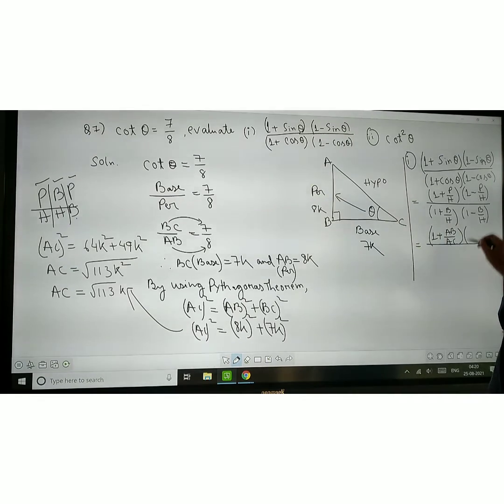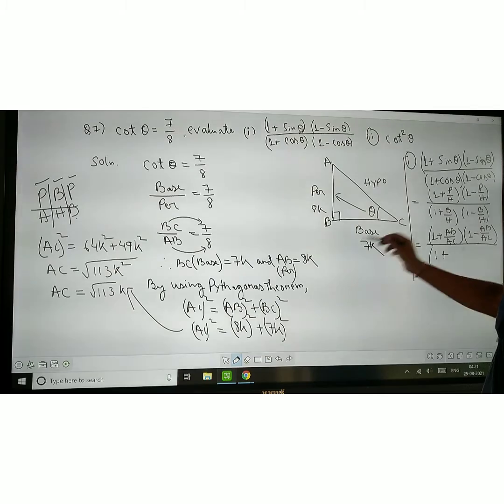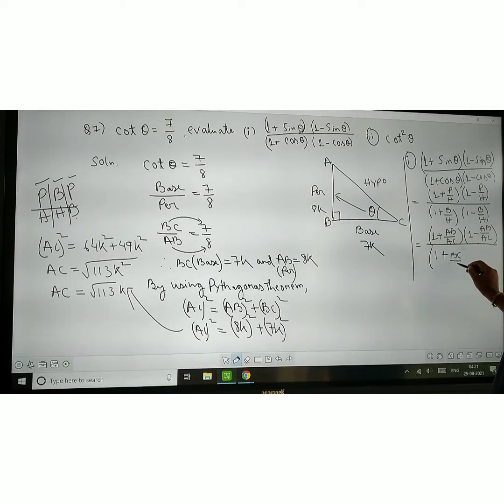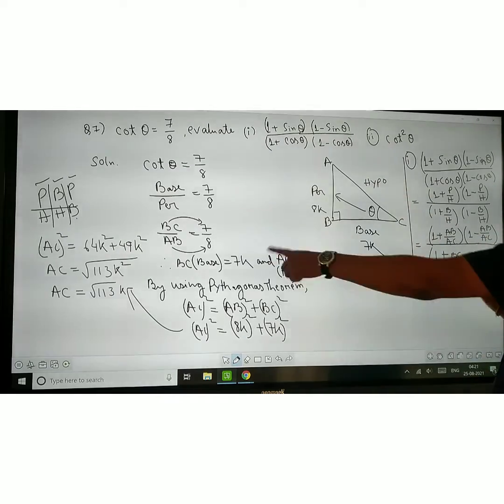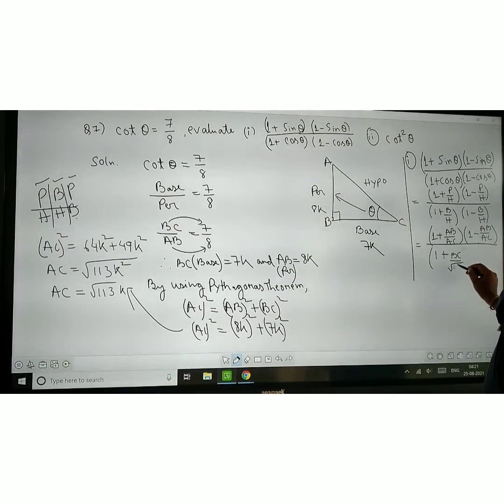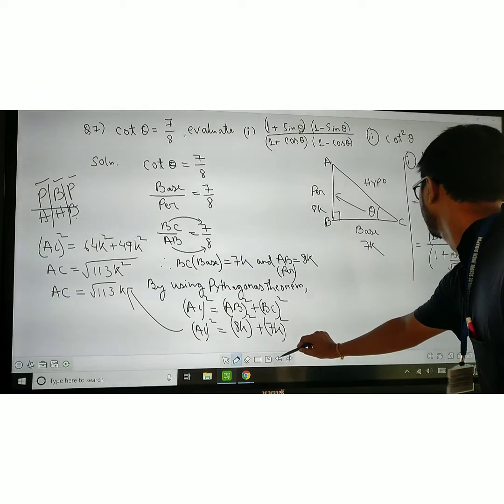Same goes with 1 minus AB by AC. Next line, 1 plus base. What is the base? BC. BC by, what is the hypotenuse? That is AC. AC is root 113K.